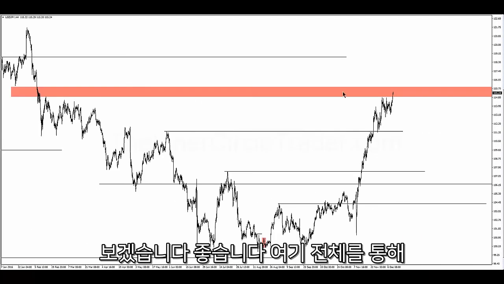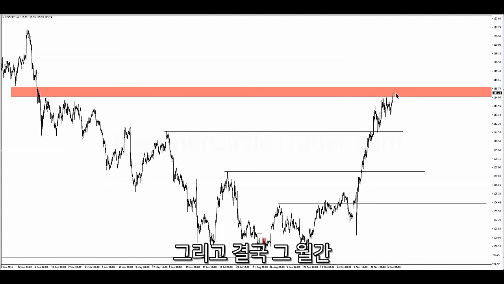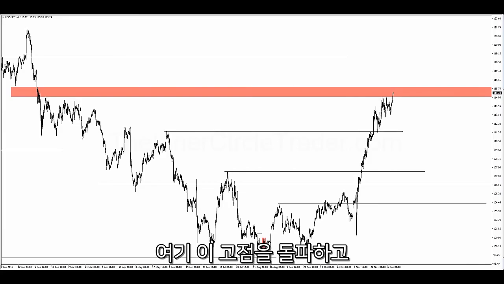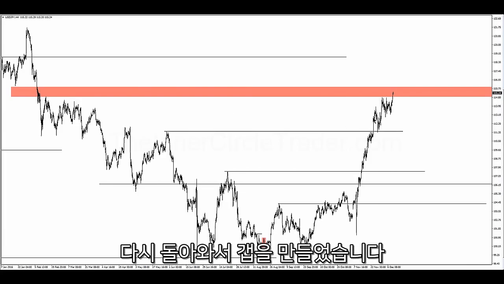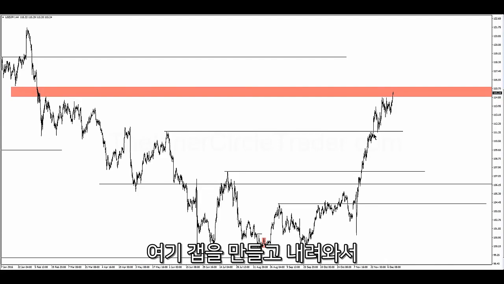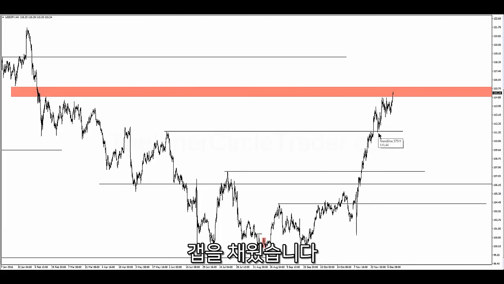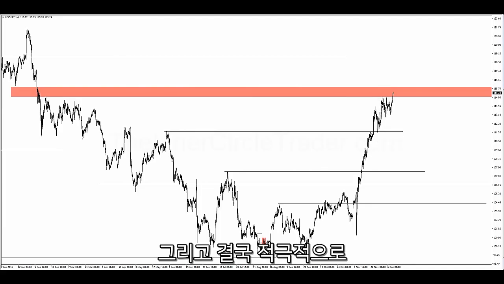Okay, all through here, and ultimately trades up into that monthly fair value gap. Once we cleared this high here, and we cleared this high here, we came back and created a gap. We created a gap here, came down and closed in the gap, and then ultimately aggressively ran right up into that monthly fair value gap.